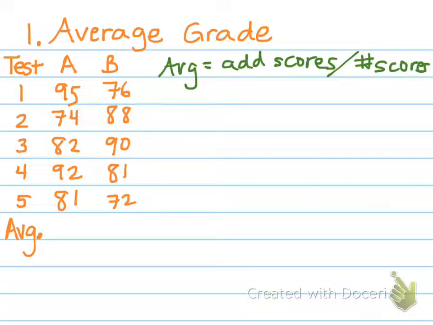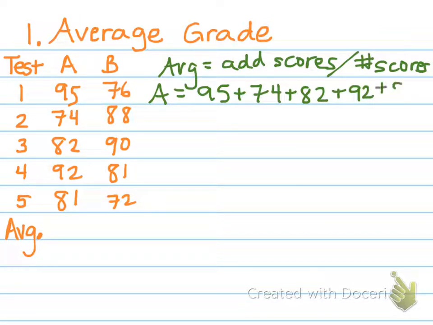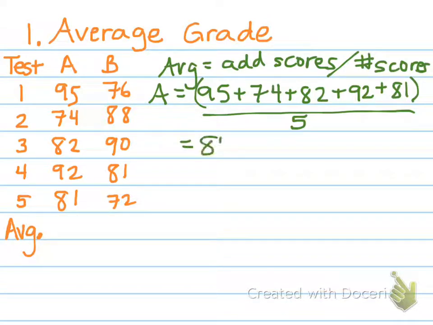Right, so for student A, I'm going to do 95 plus 74 plus 82 plus 92 plus 81. All of that divided by 5, okay, because there are 5 scores. And that should give you about 84.8 as the average.